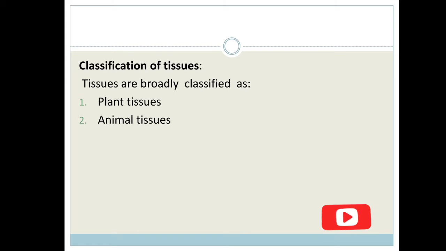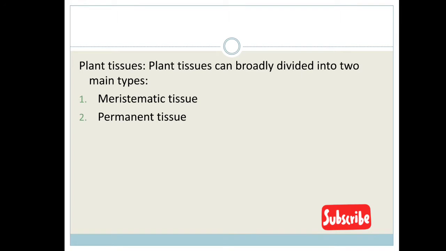Now let us know about the classification of tissues. Tissues are broadly classified into two main categories: plant tissues and animal tissues. Now let us discuss the plant tissues. Plant tissues are broadly divided into two main types: the meristematic tissue and the permanent tissue.